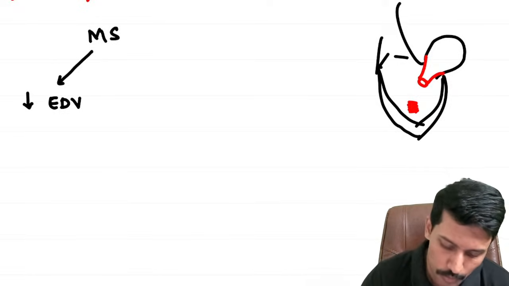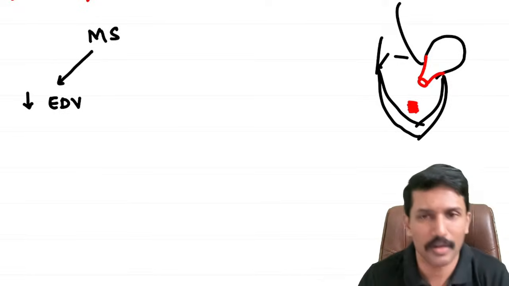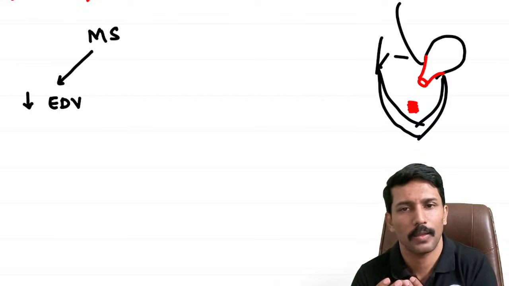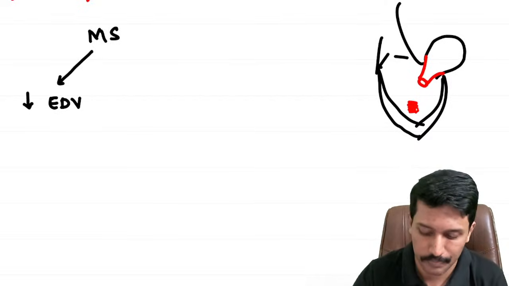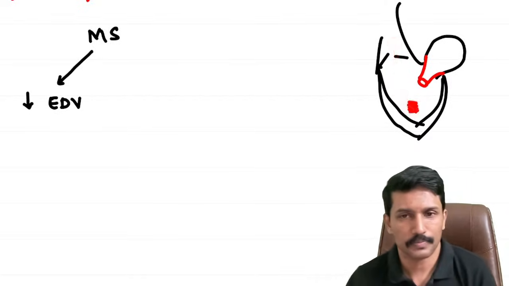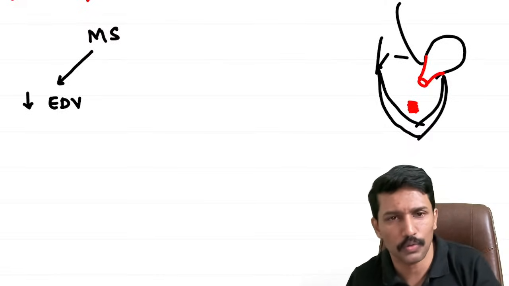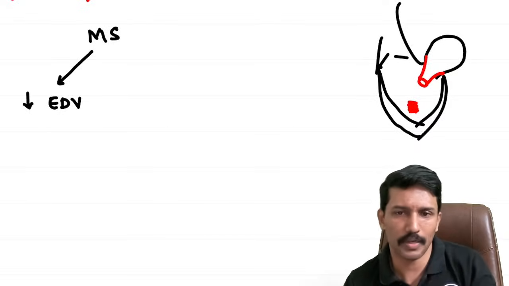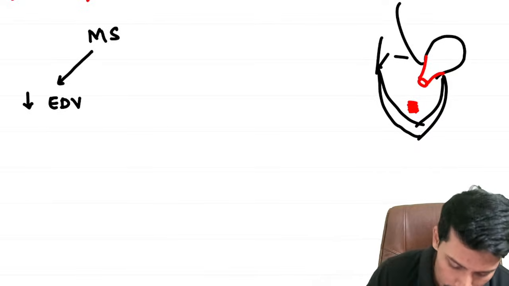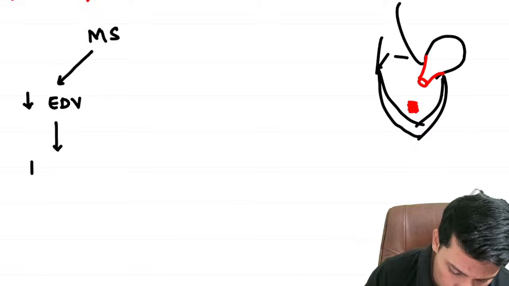And if the end diastolic volume is less, I already have less blood in the ventricle, and when I eject this blood into the aorta, I will eject less. So what will happen to the stroke volume? By default, whenever end diastolic volume decreases, we will have a decrease in the stroke volume.